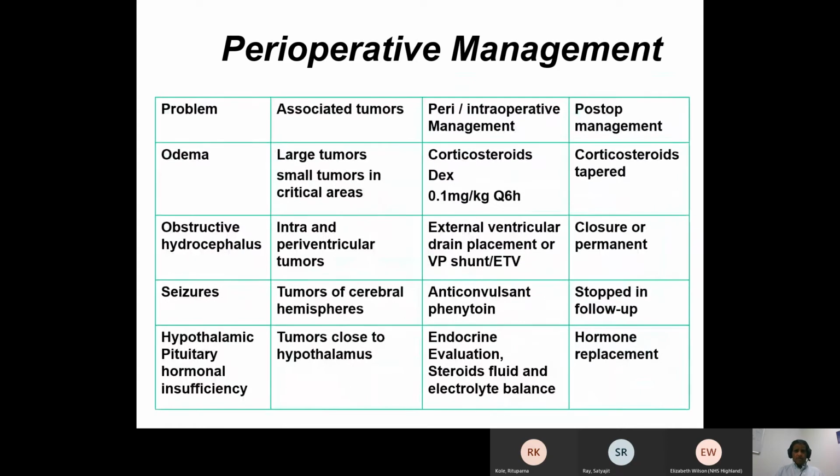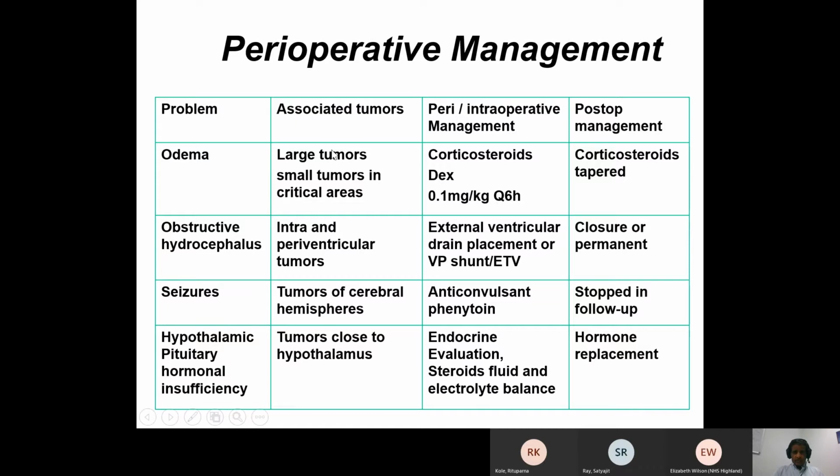But before you do the surgery, preoperative or perioperative management is very important. Often these children come with raised intracranial pressure, sometimes endocrinopathies, sometimes seizures, and sometimes hydrocephalus. If they have a localized tumor, there's usually edema around the tumor, which causes pressure symptoms.